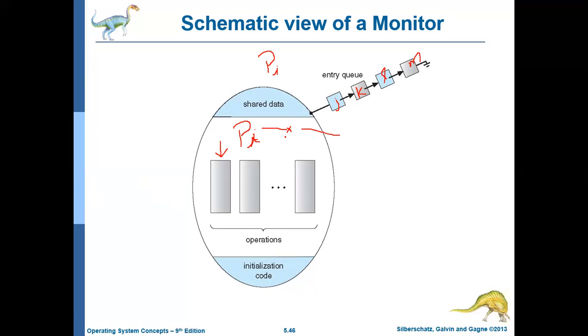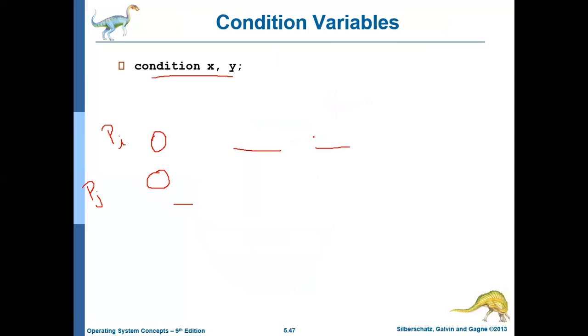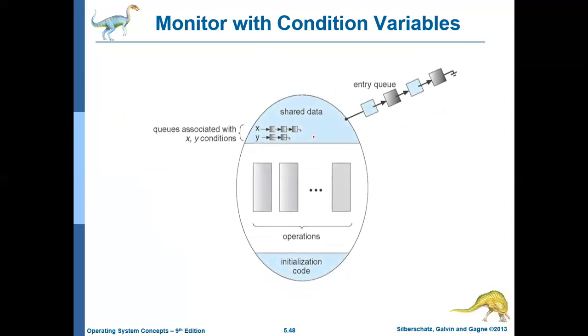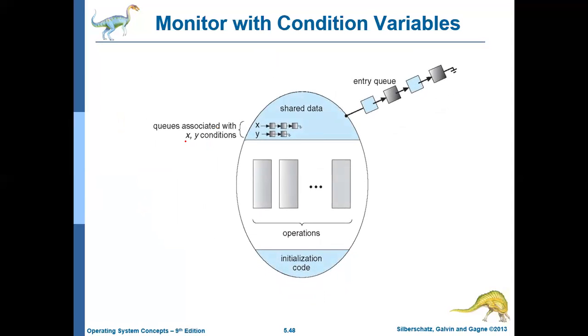During this halting period, you need not keep PI inside the monitor, because then all other processes will be blocked unnecessarily. So PI should be removed from the monitor so that other processes can enter. For that, another queue is maintained, and that queue is on the condition variables.